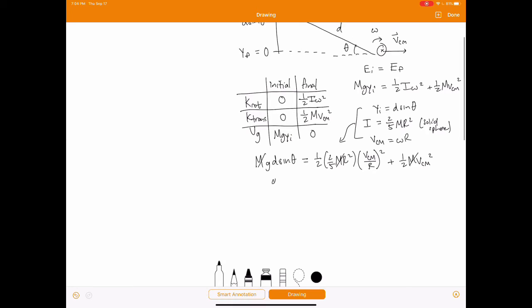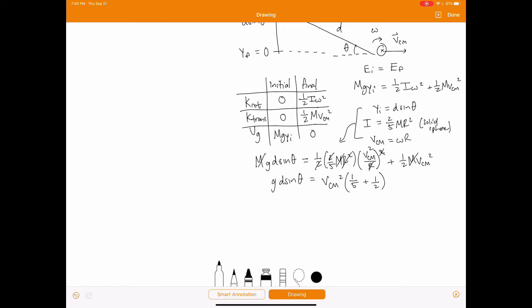Then we have g times d sine theta equaling... I also can cancel out the r squared factor here and here. And basically each term is multiplying VCM squared. The first term, I pick up a factor of 1/5. The second term, I pick up a factor of 1/2.